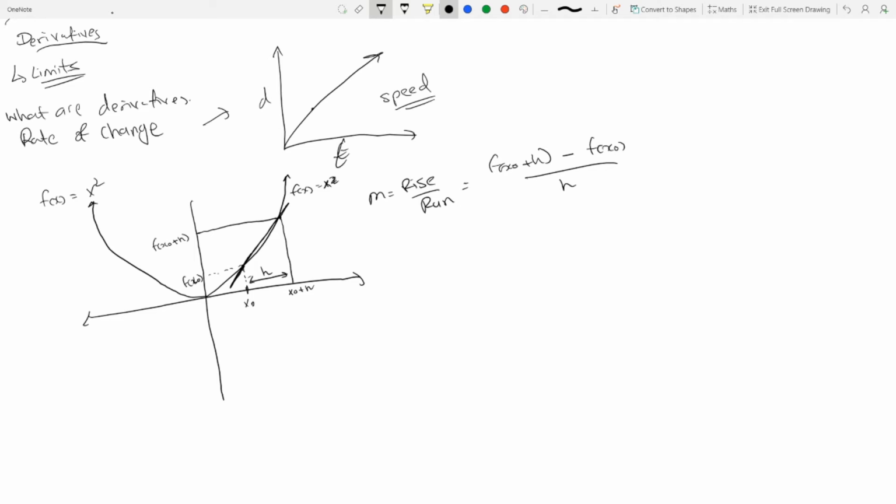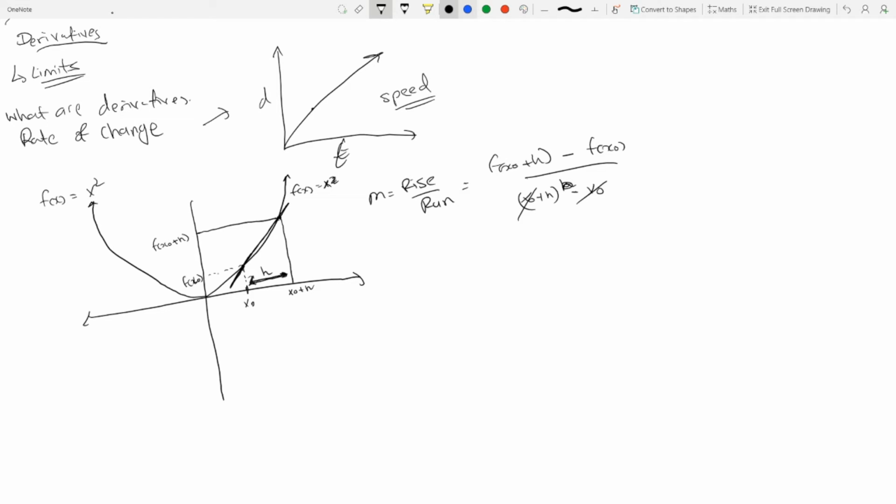Or you could even say x naught plus h minus x naught. Well, this cancels out, you're left with h, right? That's our slope. But if h was a certain distance, that will give us an average rate of change. But we don't want that. We want an instantaneous point. What is the rate of change at this one point?